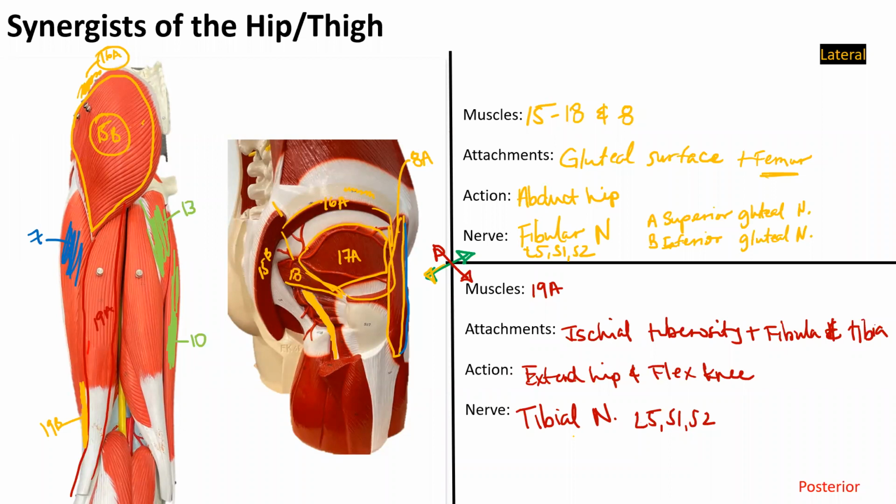It's because it's fibular. So 19B is equal to fibular nerve. That's biceps femoris, short head. Okay, everything else on the back is going to be tibial.